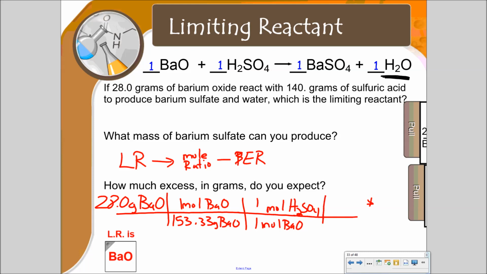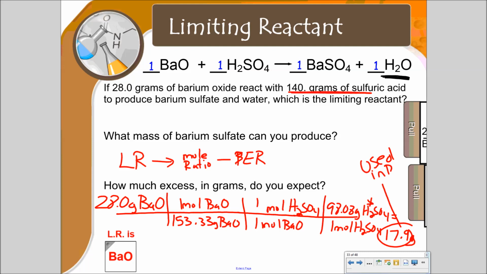And then we're going to get to grams. And the reason why I'm converting to grams is because the starting amount of sulfuric acid is in grams. If it was in moles, I would just stop it in moles. Now, whenever we calculate this, we get 17.9 as the grams. But this is what is used in the reaction.